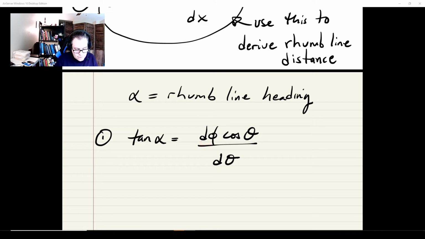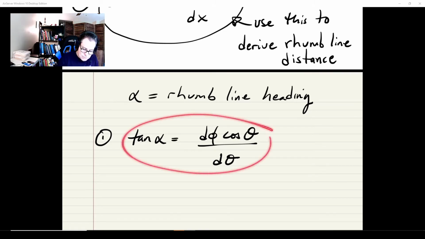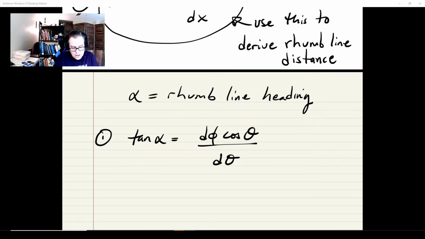I need to solve for expressions for both phi and theta. So this is literally a differential equation in the differentials in longitude and latitude. And so this could fit right into the beginning of a differential equations class. All I'm really doing is Calc 2, really the beginning of Calc 2, just basic integration.